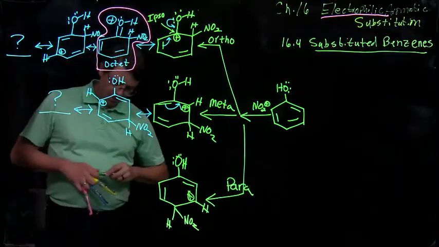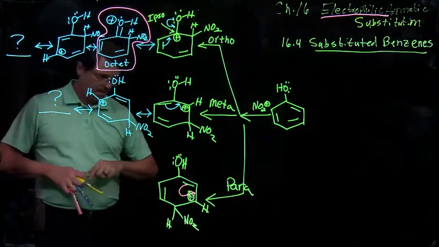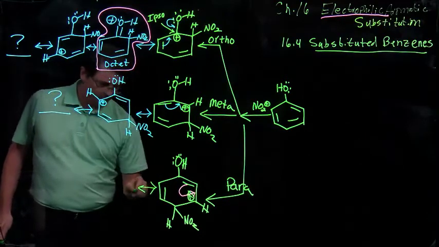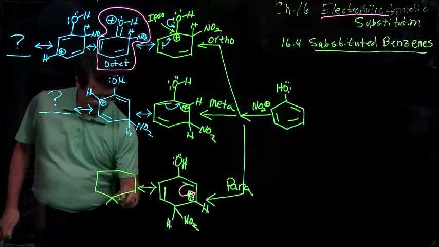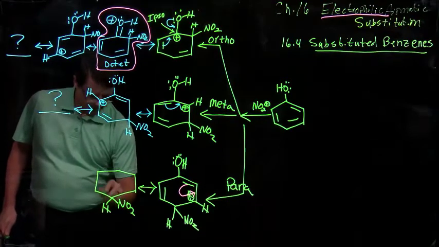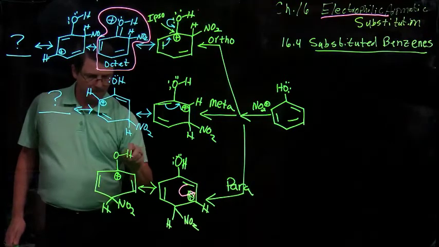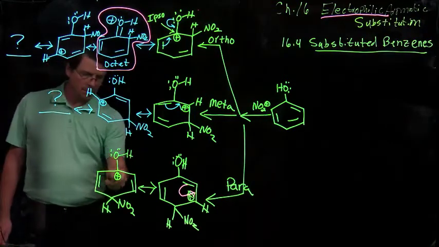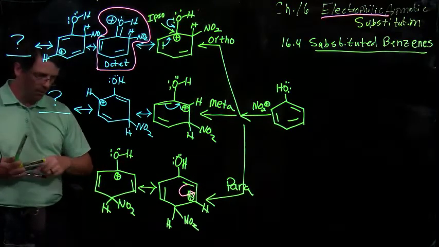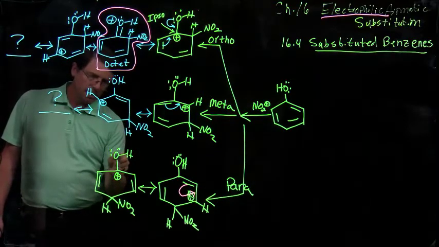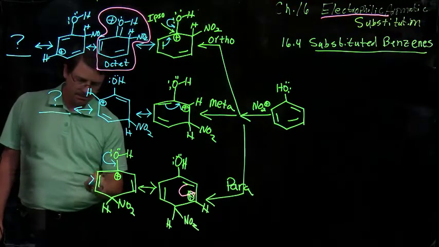But look what happens when I resonate that system. Just spread the charge out. Now the charge is para to my incoming substituent. But look what it also is. It is also ipso to my oxygen atom, which means that the lone pair from oxygen can get involved in the stabilization.